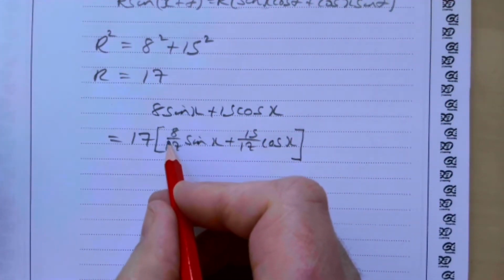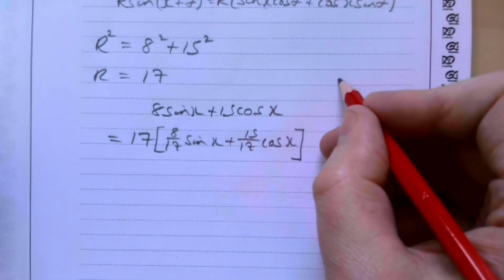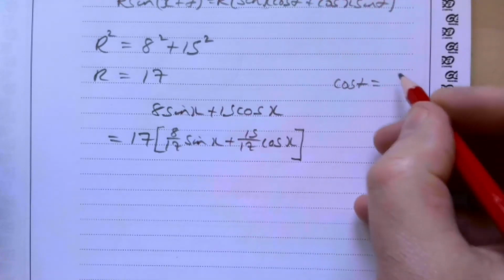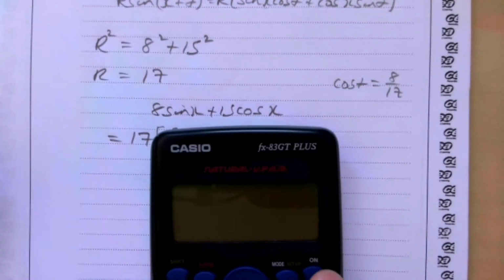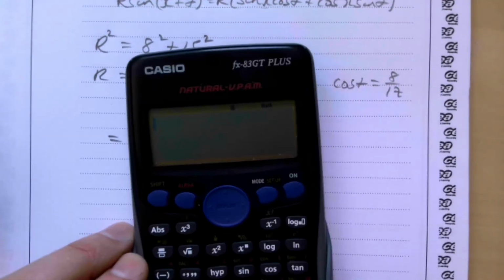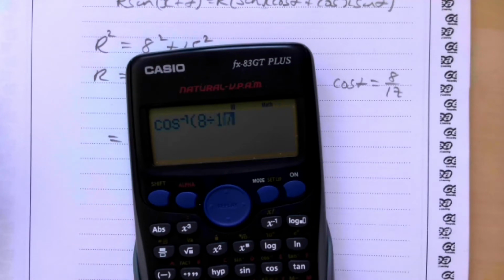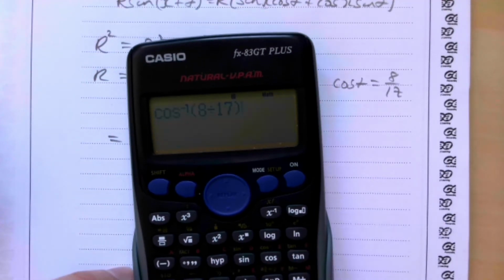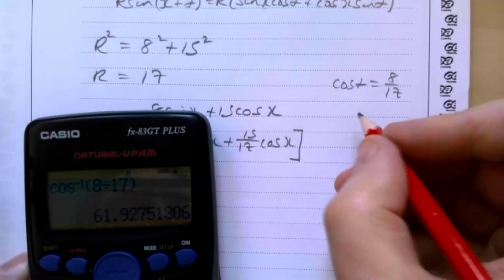Then I can set it up whichever way I want. So that then is going to be, if you want, the cos alpha. So cos alpha then is 8 over 17. Shift cos 8 over 17, and that gives me then 61.9 degrees.